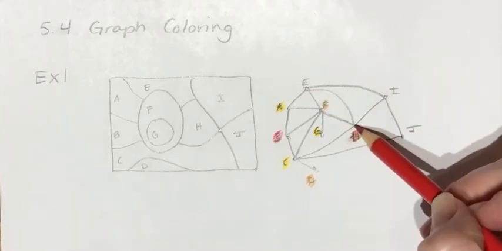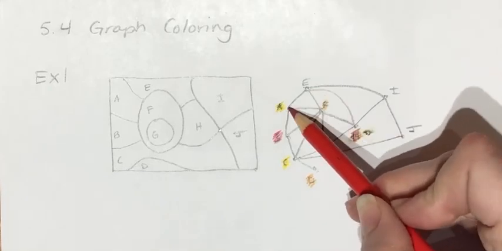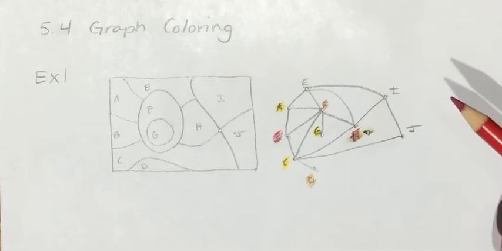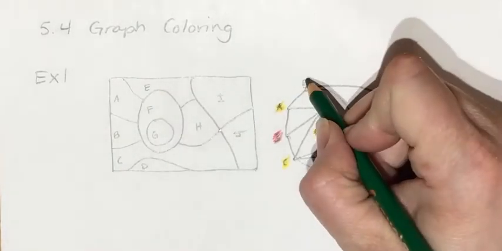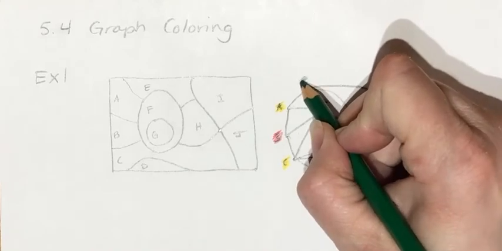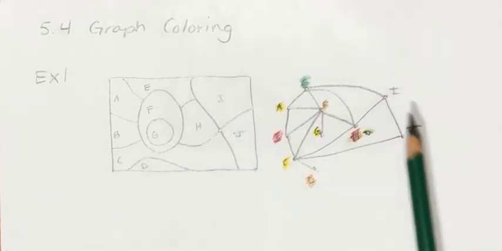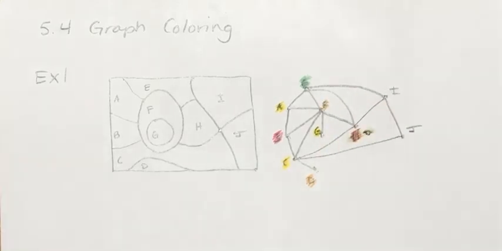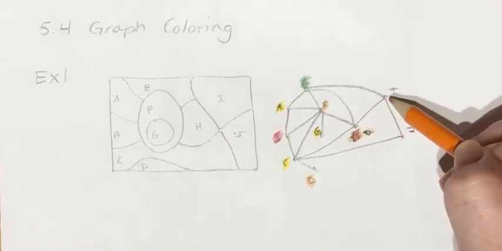E touches H and F and A. And right now I have all three of those colors. So it's looking like I'm gonna have to have 4 colors. E has to be a different color. I touches green and red. So I can go back to making I either yellow or orange, it doesn't matter.